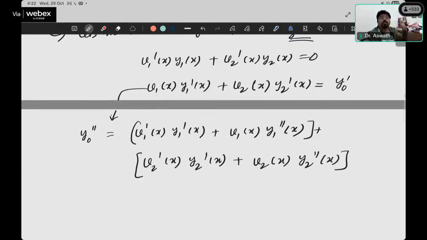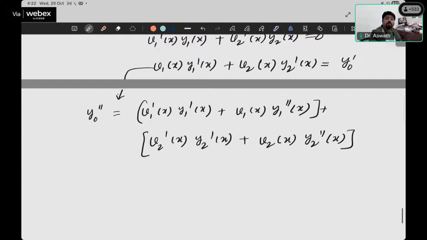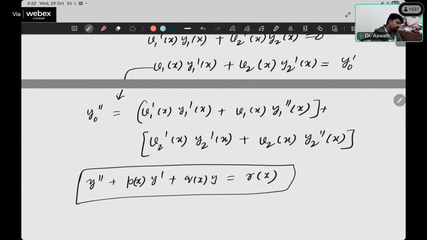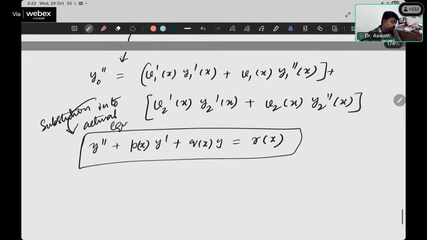Let's put this back into the actual equation. When you substitute back into the actual equation, what is the actual equation for you? The actual equation is y double dash plus p(x) y dash plus q(x) y is equal to r(x). When you substitute, you just see, it's very interesting.